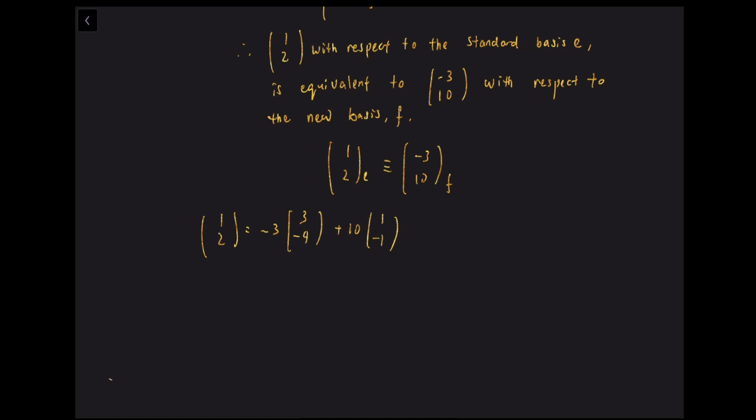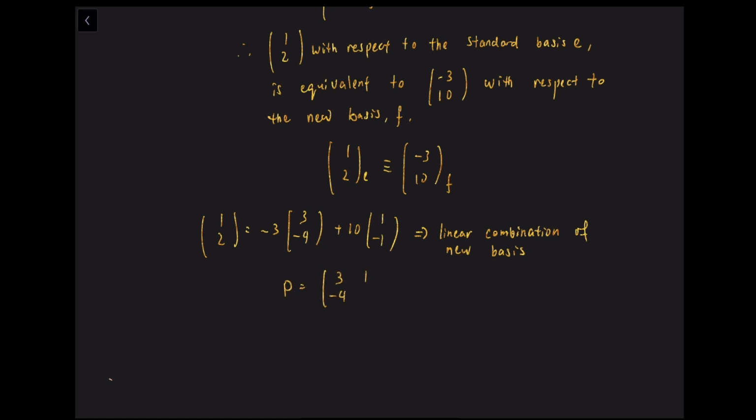Noting that (1, 2) can be written as a linear combination of the columns of P, we deduce that (1, 2) equals this matrix times (-3, 10).